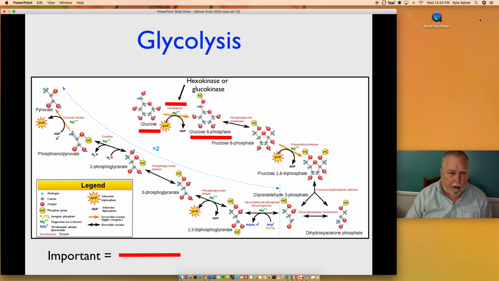So if you look at that, glucose is important. An enzyme called hexokinase is important for converting glucose into glucose 6-phosphate. The phosphorylated form of glucose is not recognized in the diffusion equation, and the phosphorylated form also cannot cross through glucose transporters. It's got too much charge on it, it won't go through the transporters.